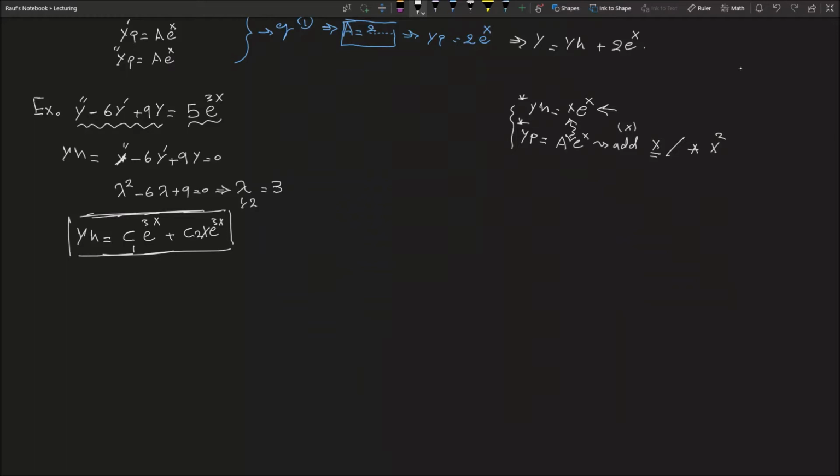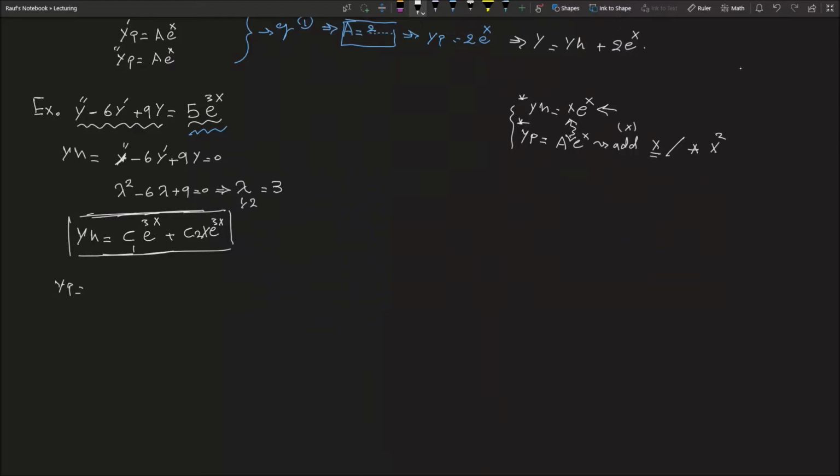Now for y particular, we know that in here, this is what you look for when you start to solve the particular part of the equation.